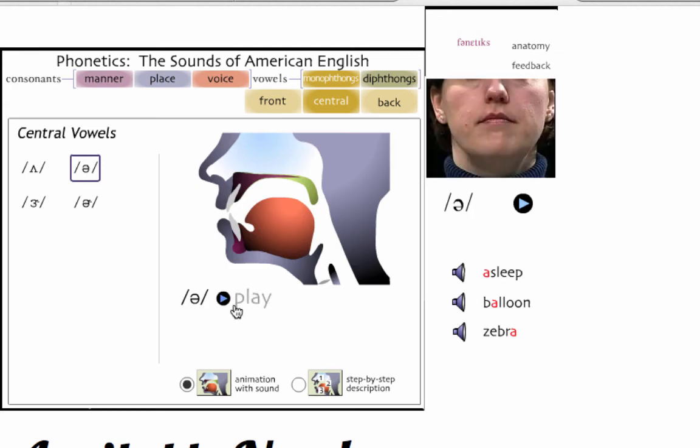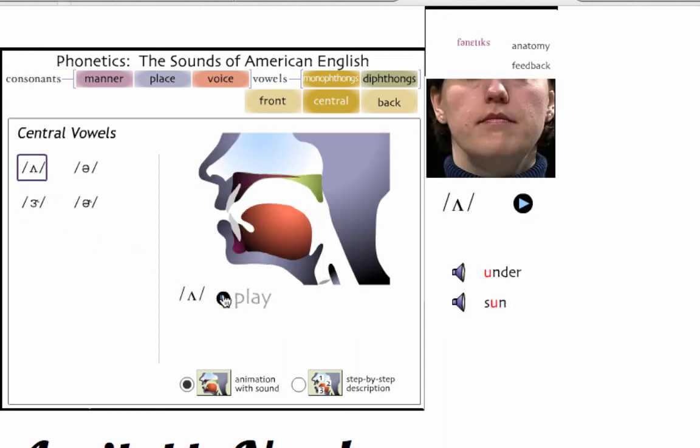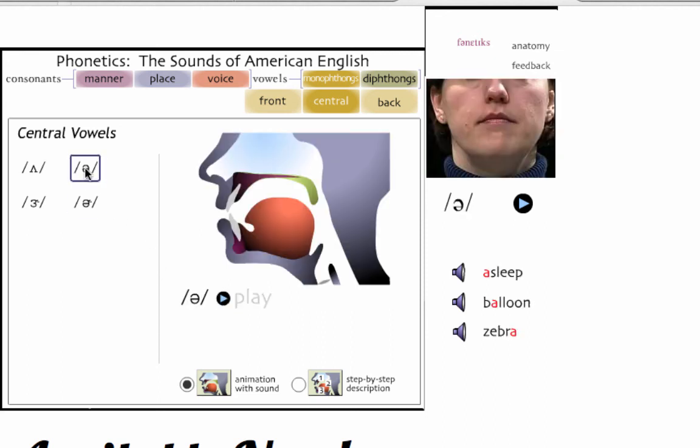The schwa is very central, and this one doesn't really have much difference, as you can see. So you're okay using this when you want to show schwa.